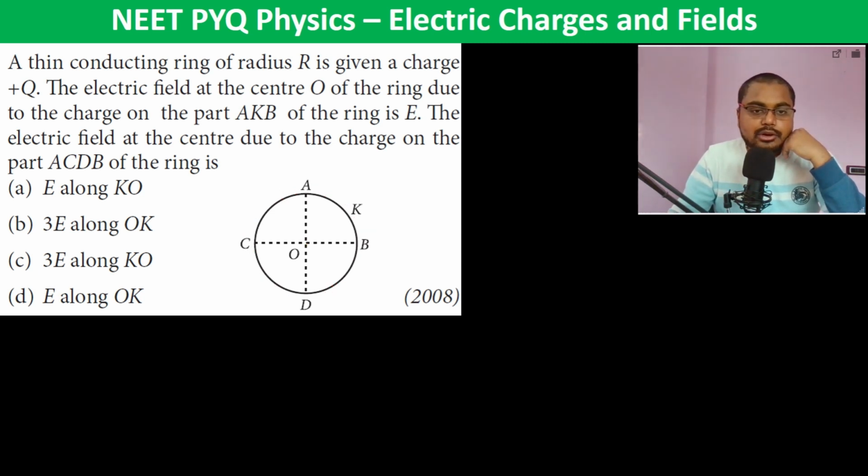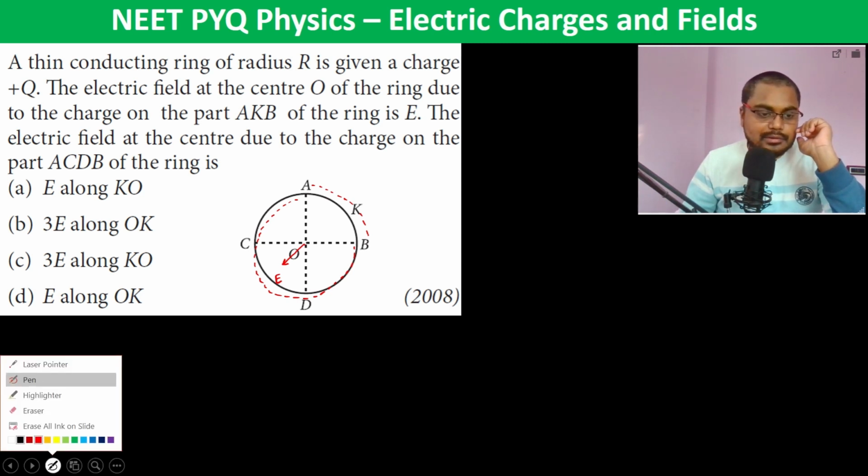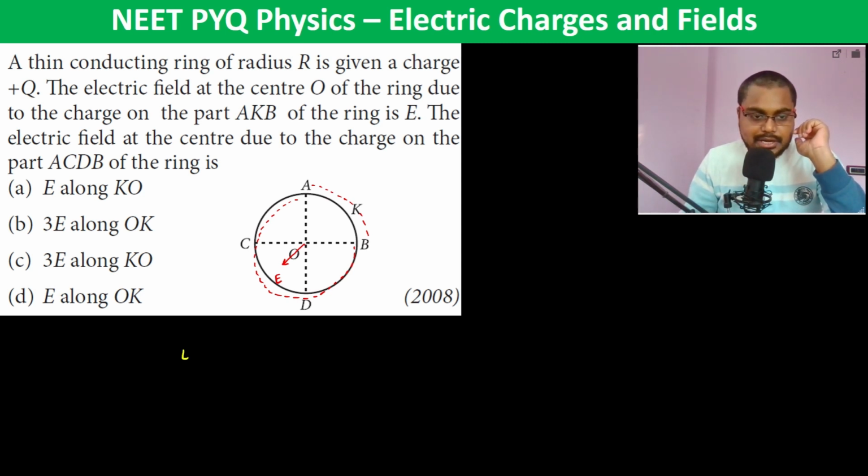Now the important thing: the electric field at the center due to AKB is E, and it is going to be in this direction. The field due to ACDB is going to be opposite to that of AKB, because together it is going to be 0.